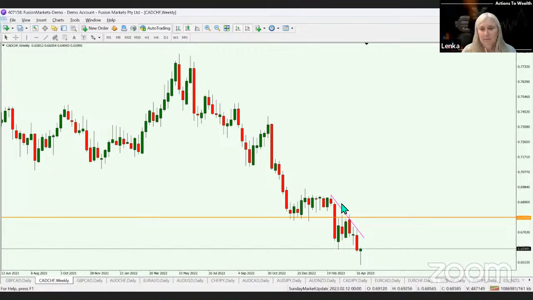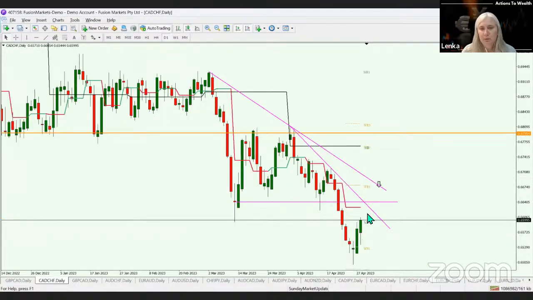On the weekly, we have price action broken, had a bit of side movement, came back down. So looking for that price to pull back up to either the previous trend line. On the daily, we even have a tighter trend line. We also have a previous low that it could retest, or that trend line there.